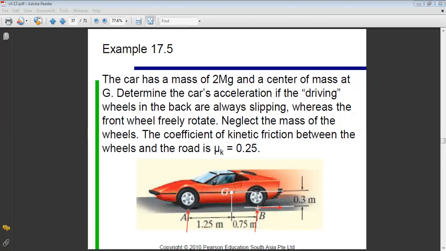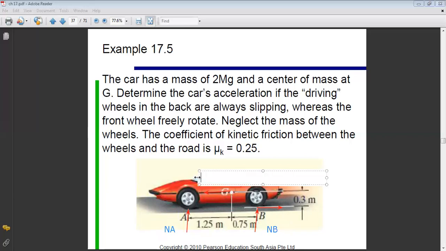And here I want to solve for the acceleration of my car. What are my unknowns here? My unknowns are N_A and N_B, and the acceleration of my car, a_G.